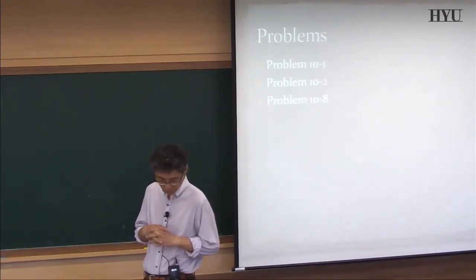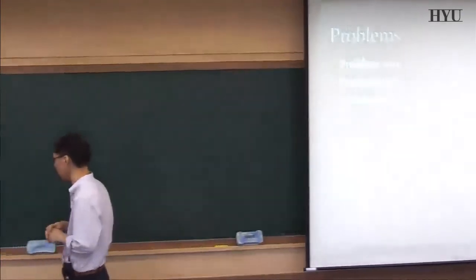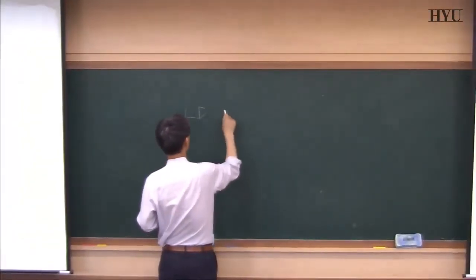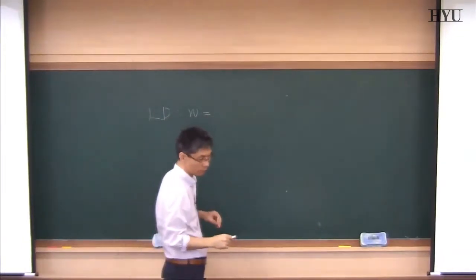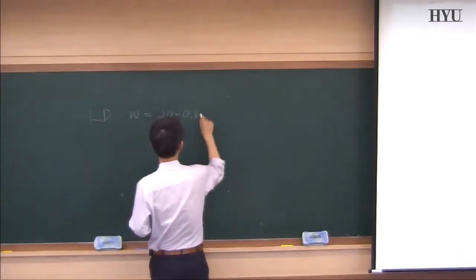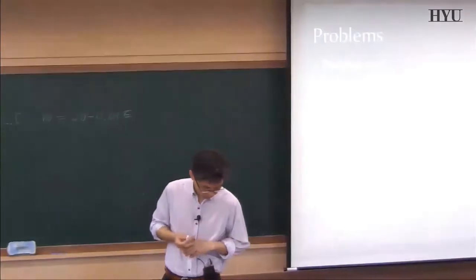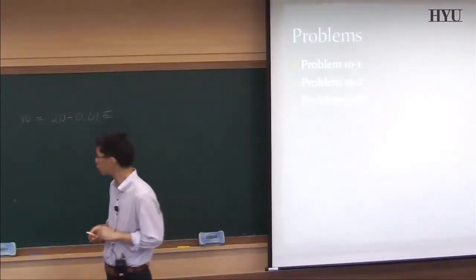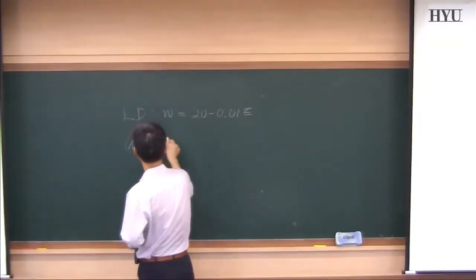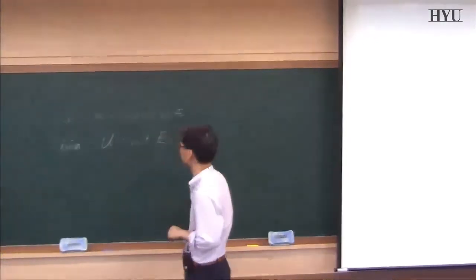Suppose the firm's labor demand curve is given by this, and the union's utility function is given by this.